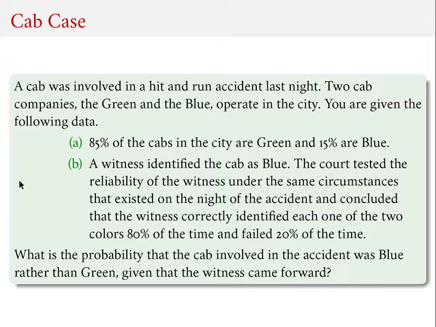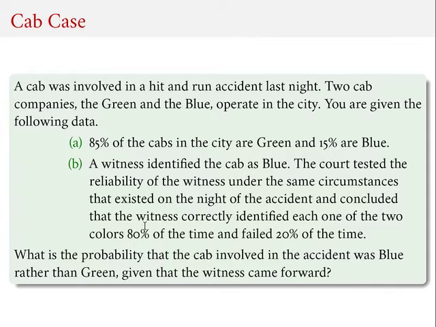So we have that the witness did say that the cab was blue, and then upon further investigation of how reliable the witness was, what was determined was that if the cab was green, in these tests, whenever there was a green cab put in front of the witness in the same circumstances, 80% of the time the witness said that it was green, and the other 20%, they failed to identify it. They said it was blue.